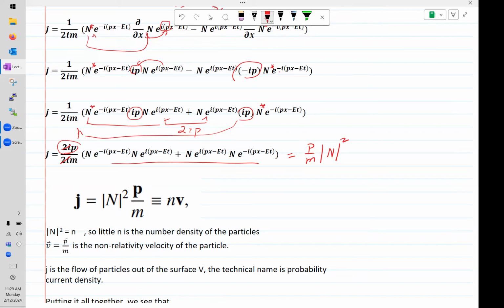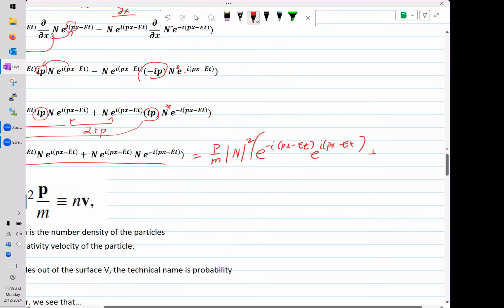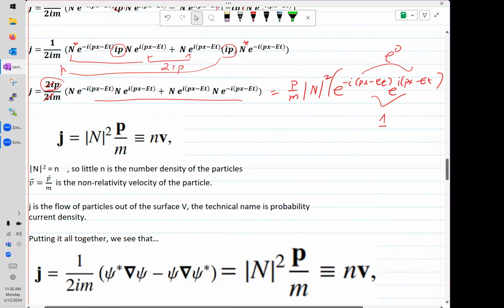And then you have the wave function e to the minus iPx. I'm going to write out the first one at least: iPx minus Et. What does that multiply to? And there's a second term like that. What does this multiply to? 1, because this is just e to the 0, and anything to the power 0 is just 1.